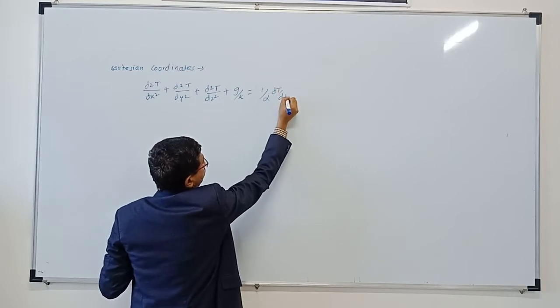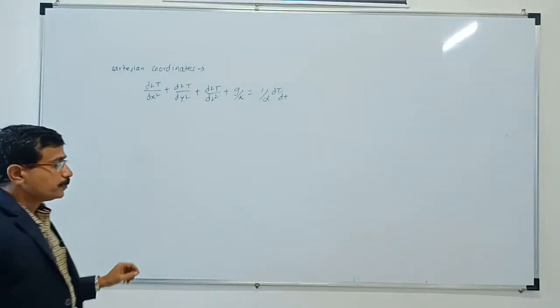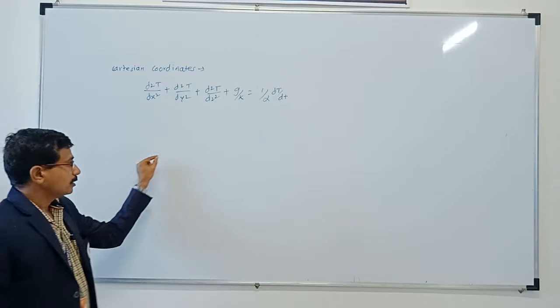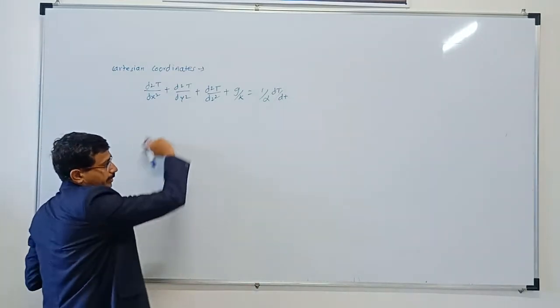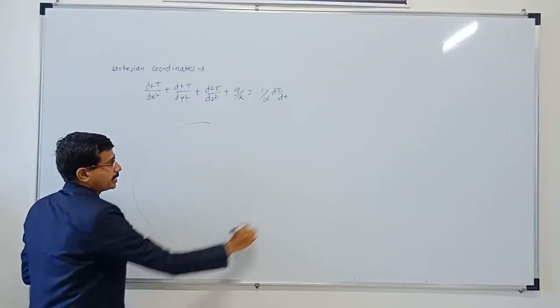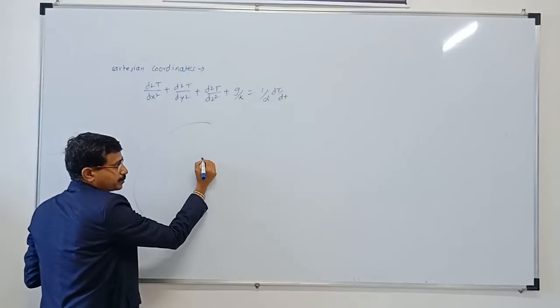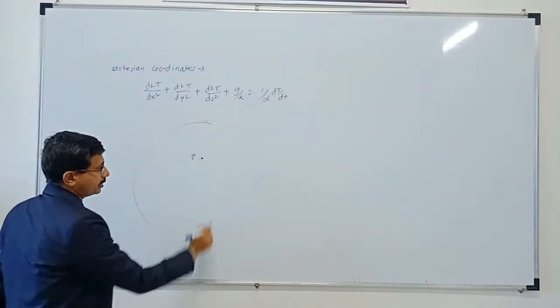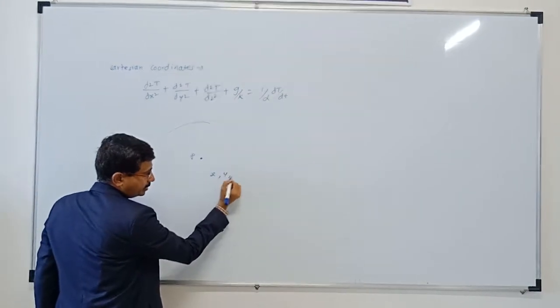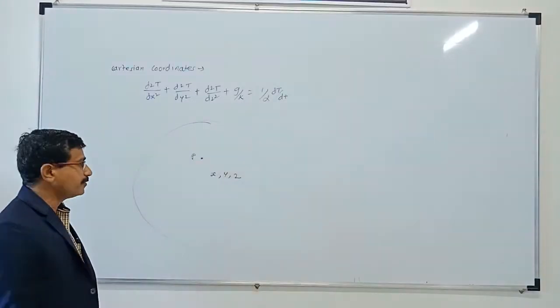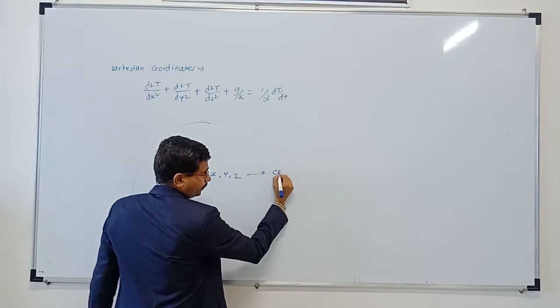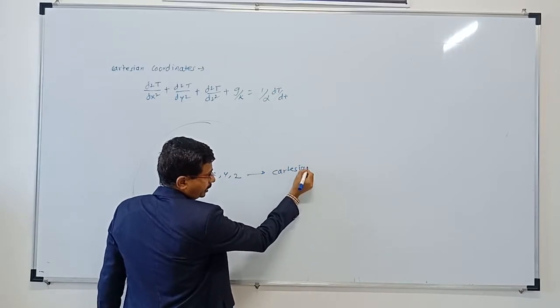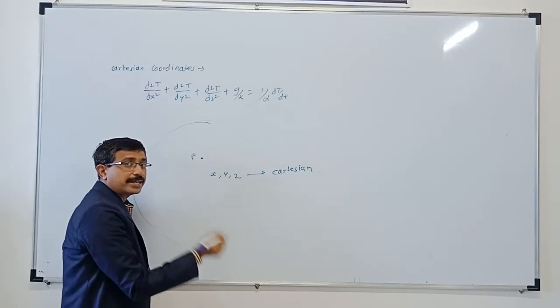Now you know, in a space, the position of any point P is either given by Cartesian coordinates, that is x, y, z, or it is given by spherical coordinates.